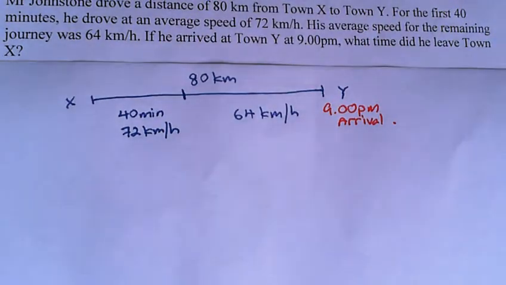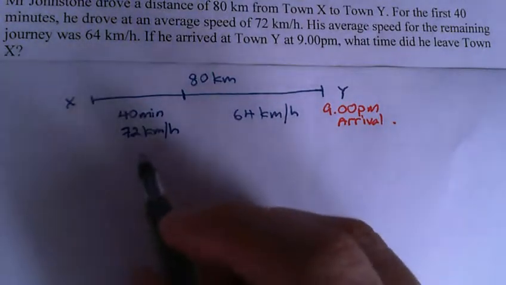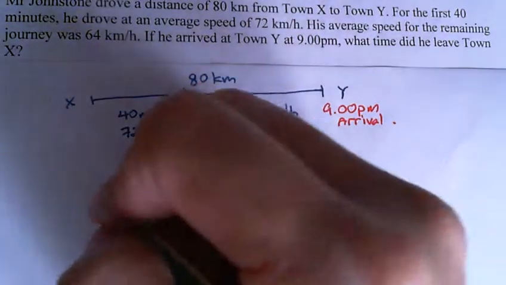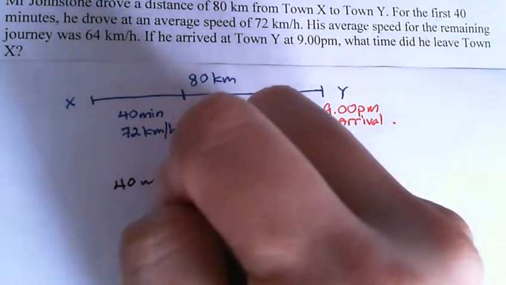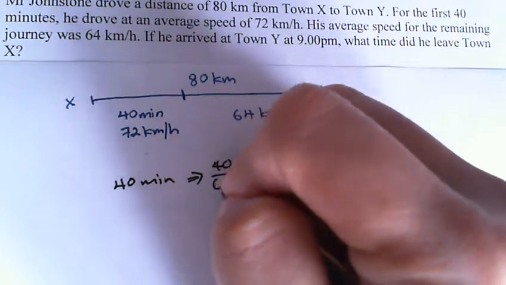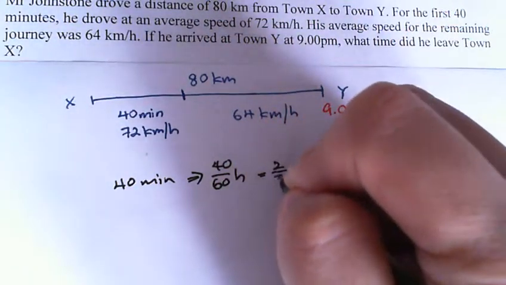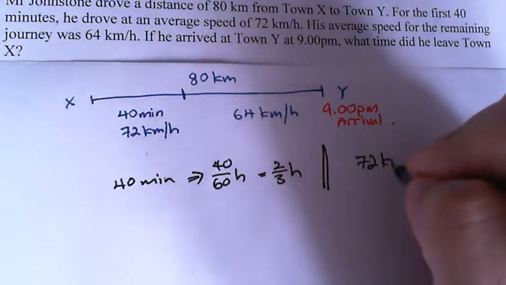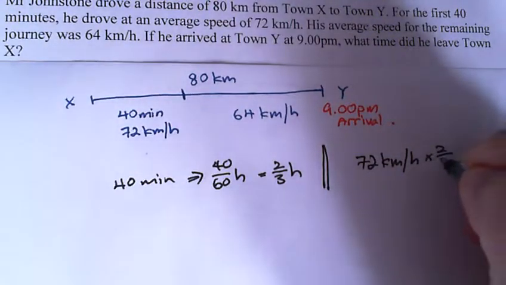Now looking at this information, it's quite easy to sort them out. First, I know I can find the distance here, right? Because 40 minutes is 40 over 60 hour, which is 2/3 of an hour. To find the distance, I do 72 km per hour times 2/3 of an hour.